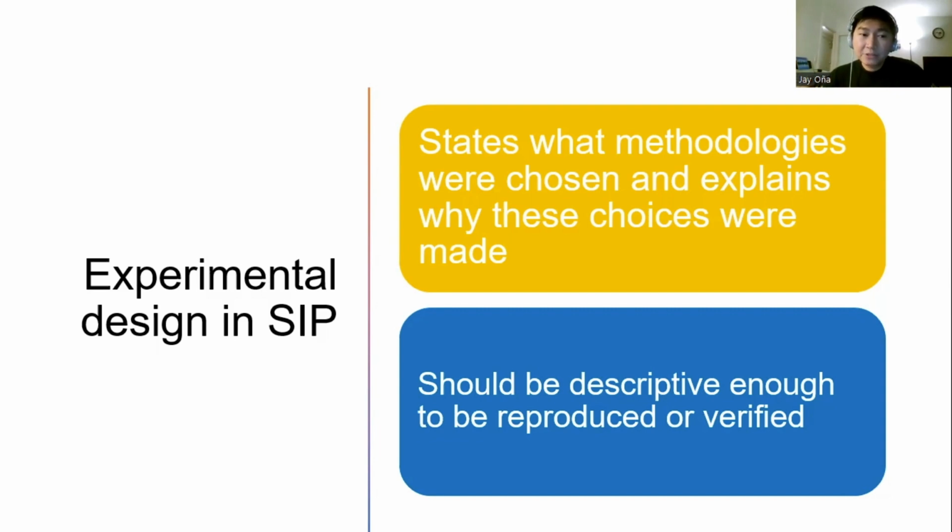And the experimental methodology or the experimental design should be descriptive enough to be reproduced or verified, because this also serves as a basis for future experiments on the topic. So people can use this as a tool or as a basis to come up with a similar or related experiment.